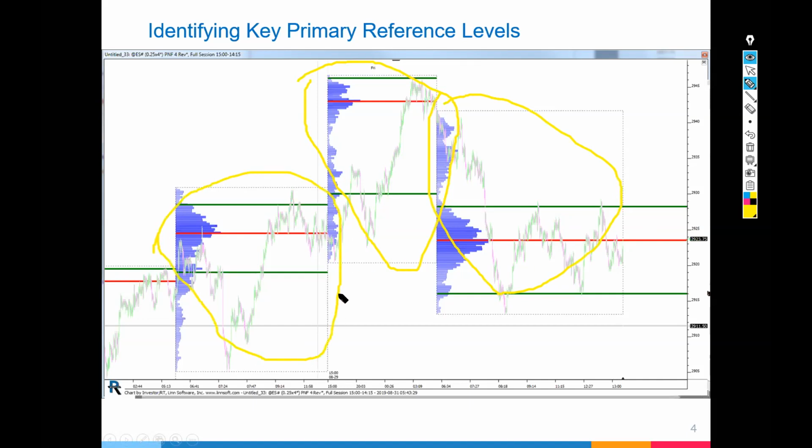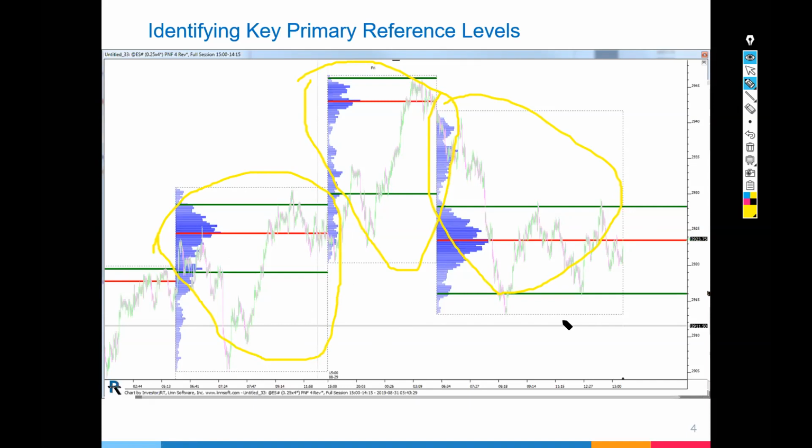And I trust that many of you are already familiar with the basic profile concepts where you have the value area high, the value area low, and what some of those concepts really mean, plus the volume point of control. Of course, being in Anthony's room, you should all be familiar with any session's high and low and those key concepts.